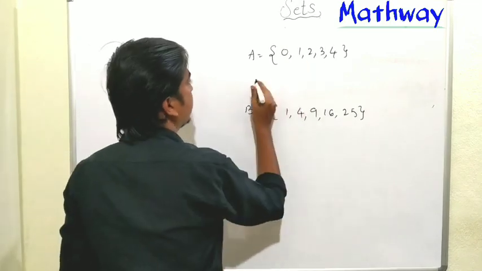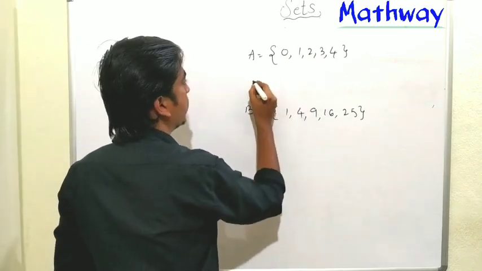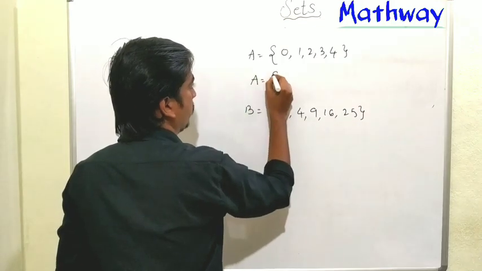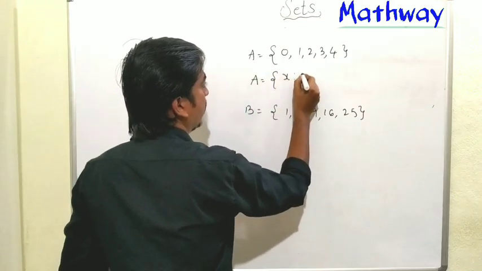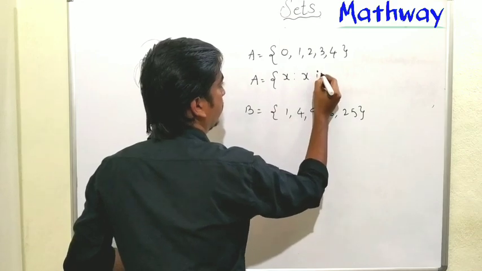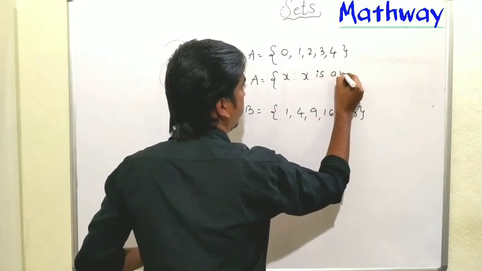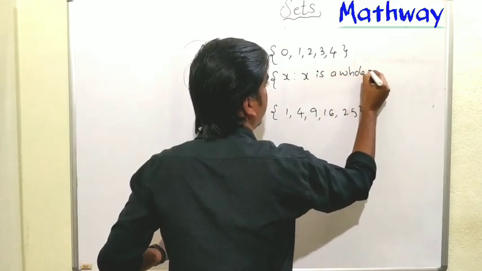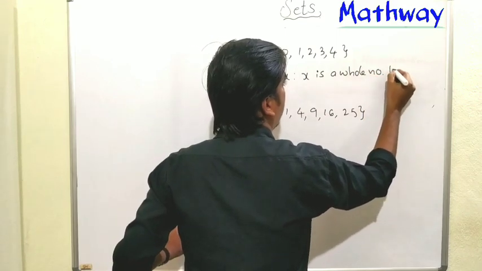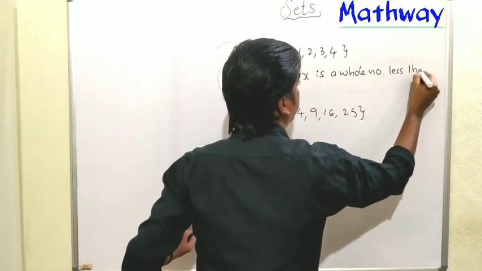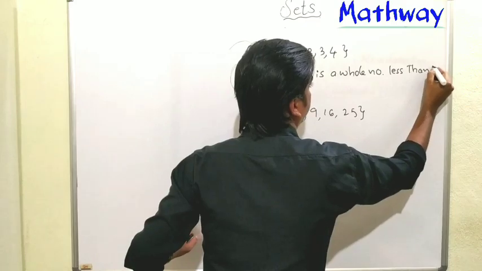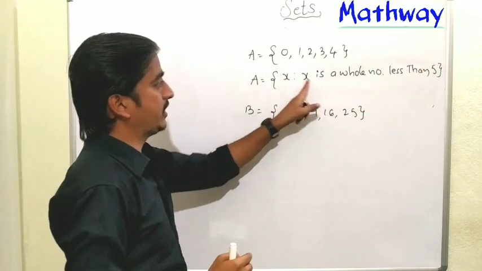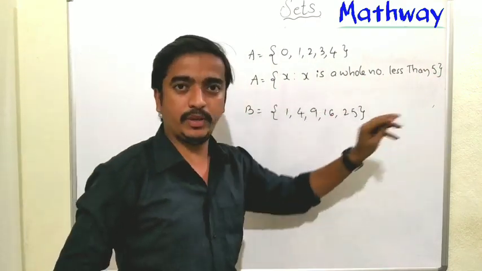We write A equal to {x such that x is a whole number less than 5}. That is, x such that x is a whole number and it should be less than 5.